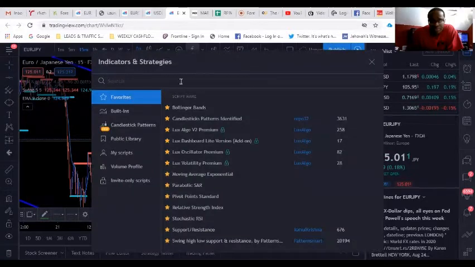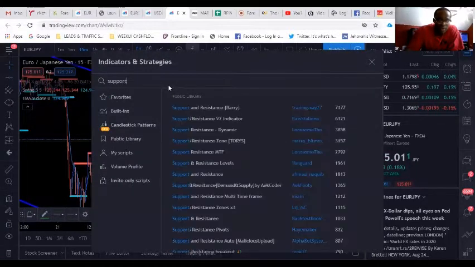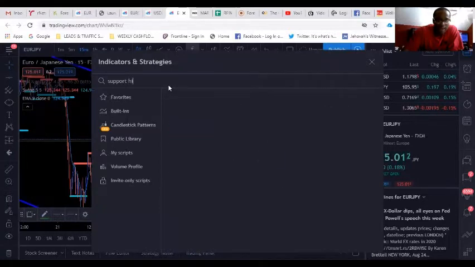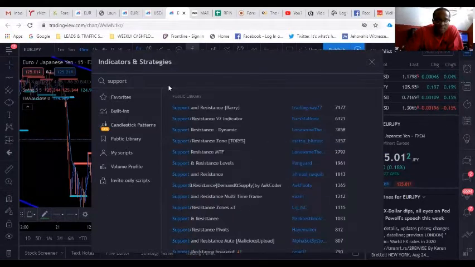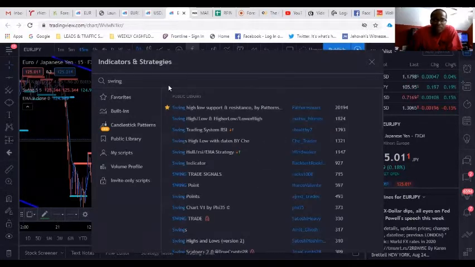You're going to go here, you're going to type in support, swing high. Swing high, low, support or resistance by patterns, and you want to click and favorite, all right?